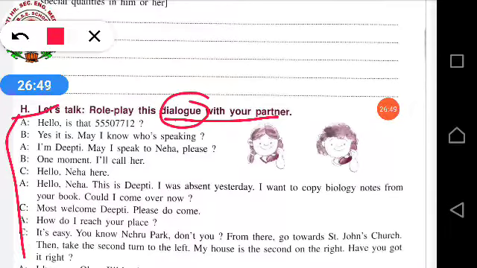So you have to form a role play in which you can take the help of your brother and sister and you can enjoy this role play. Already what dialogues you all will be saying is given over here.